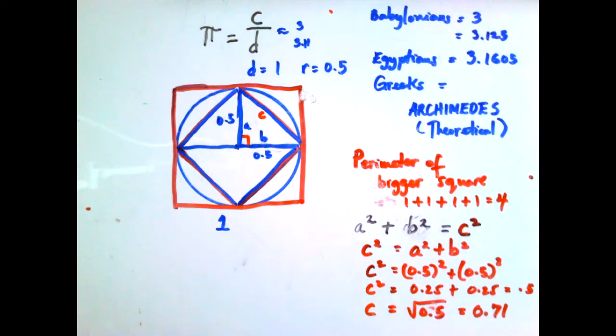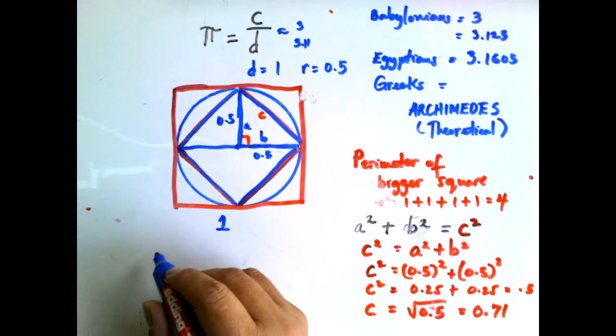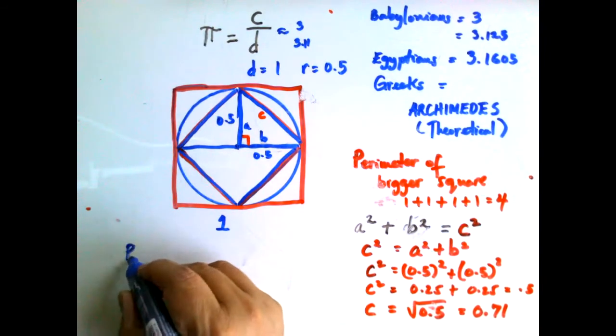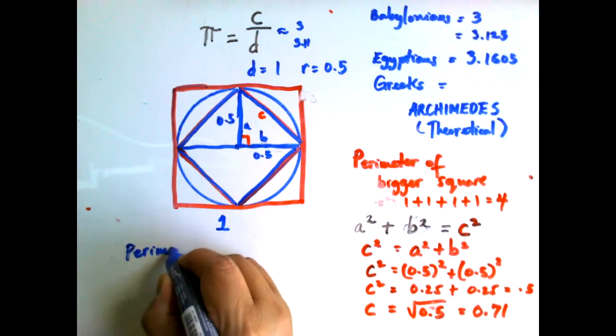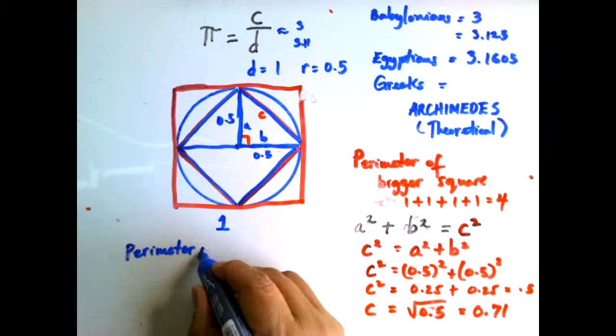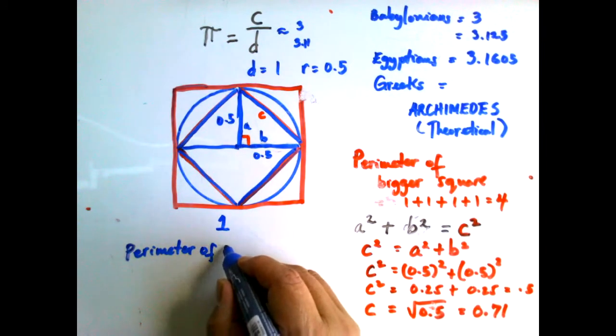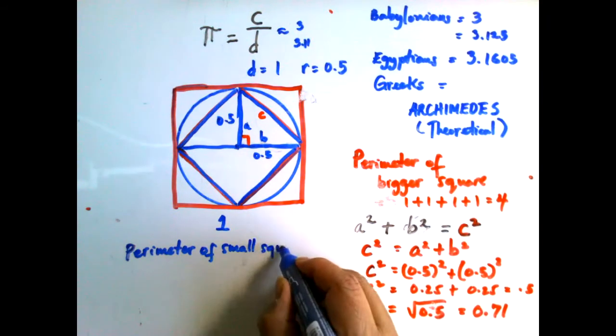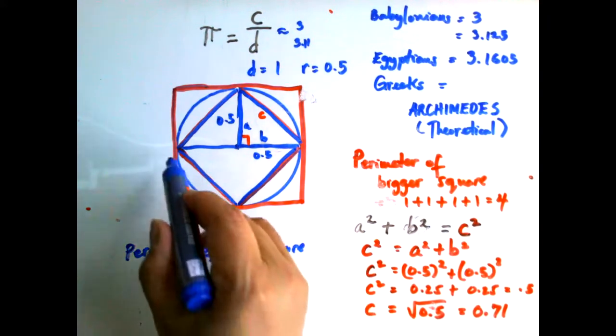So now we can get the perimeter of the small square, or the inner square, which is essentially adding all the sides.